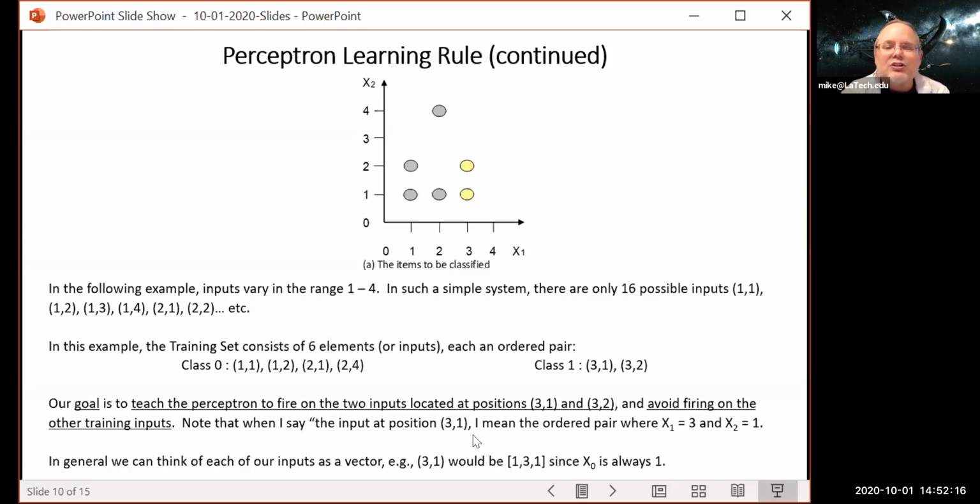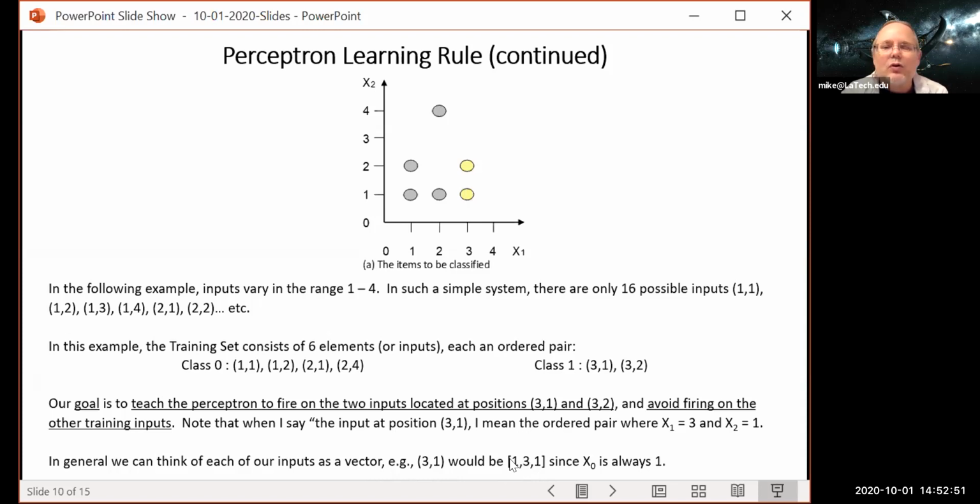And again, note that when I say the position at (3, 1), I mean the ordered pair x1 equals 3, x2 equals 1. So you can think of our inputs, if you want to, as vectors, right? You can think of our input (3, 1) as a vector over 3 up 1. Now, since we're going to use the implementation where we have a fixed threshold at 0, there will always be a 1 at the front, okay?